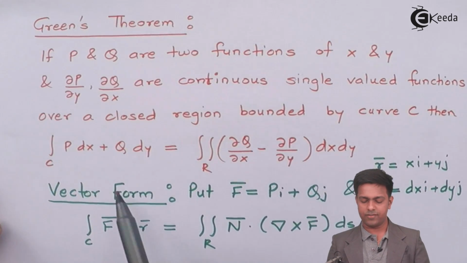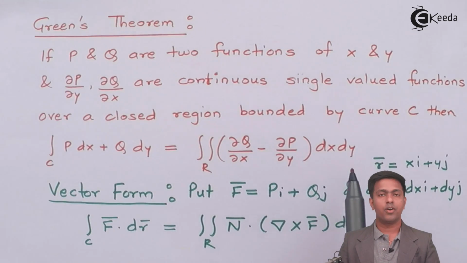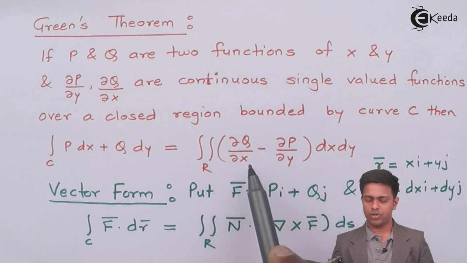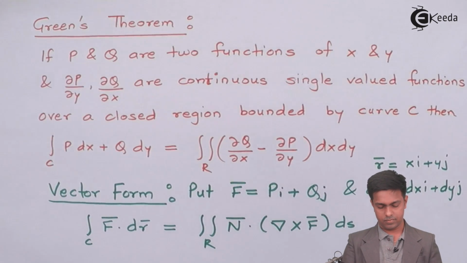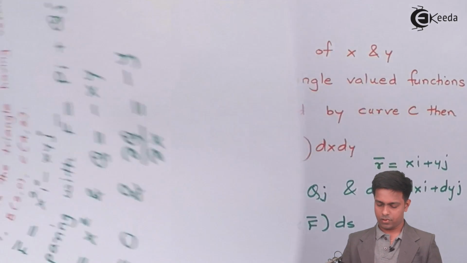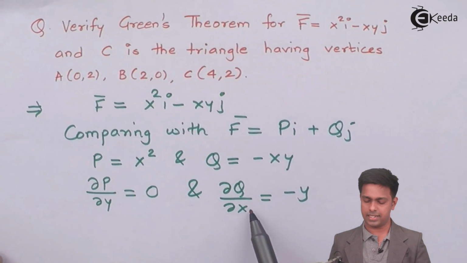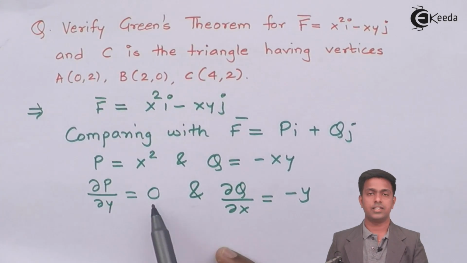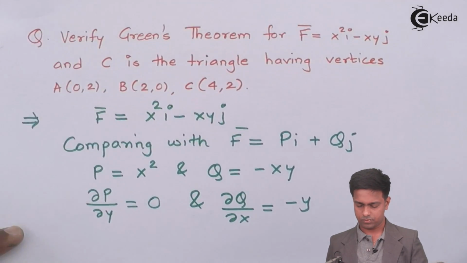So guys, after getting this value of LHS, now let's find out the value of RHS, and for RHS we will require these two values. So these two values we already got. So here you can see that I've already got the value of dou q by dou x as minus y and dou p by dou y as 0. So let's find out the RHS.